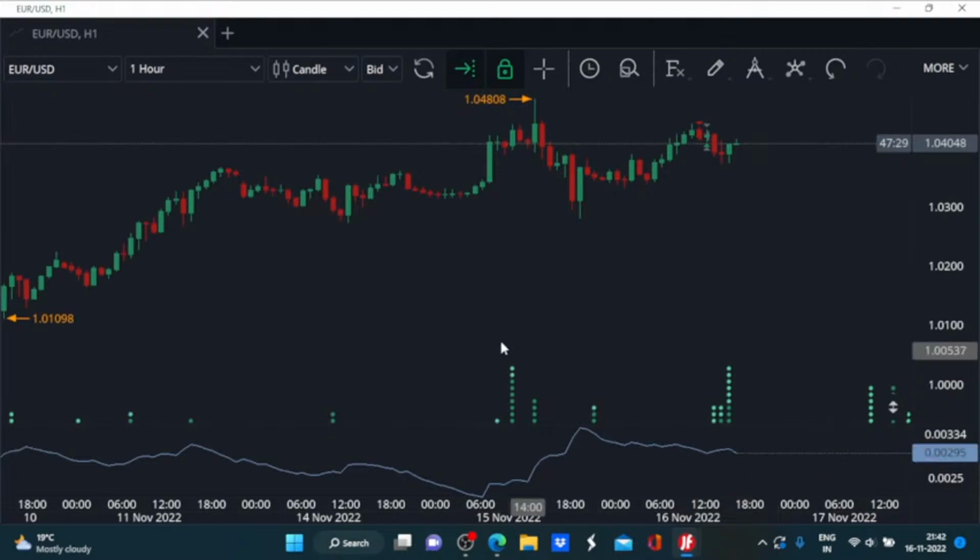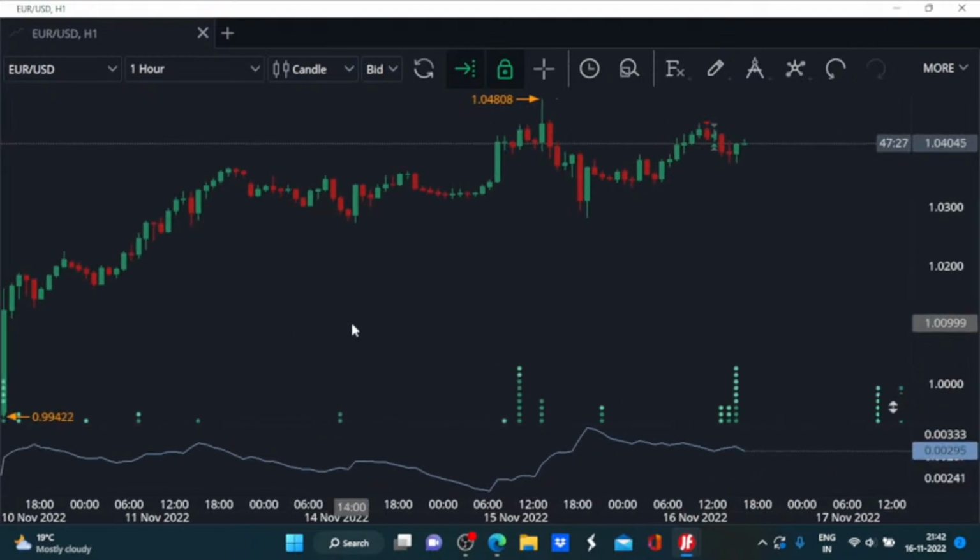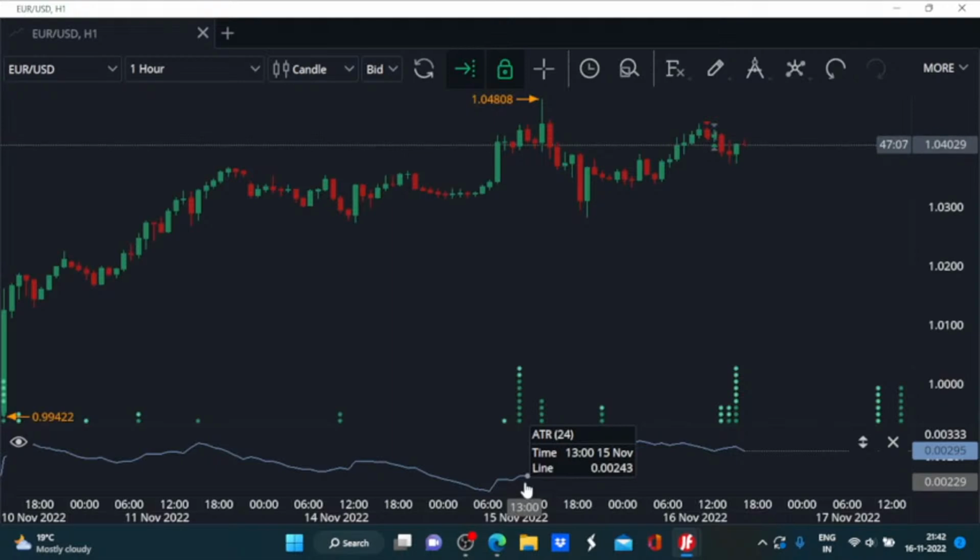So this is the range which gives you the idea of the momentum and how likely this momentum is likely to sustain. So the classical interpretation of this indicator is whenever the ATR is on the rise, that is signifying the increasing volatility, and it can be the signal of rising momentum as well.